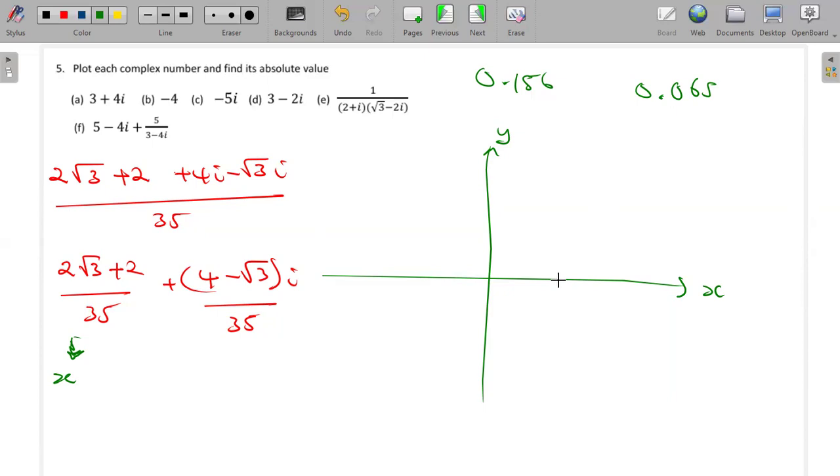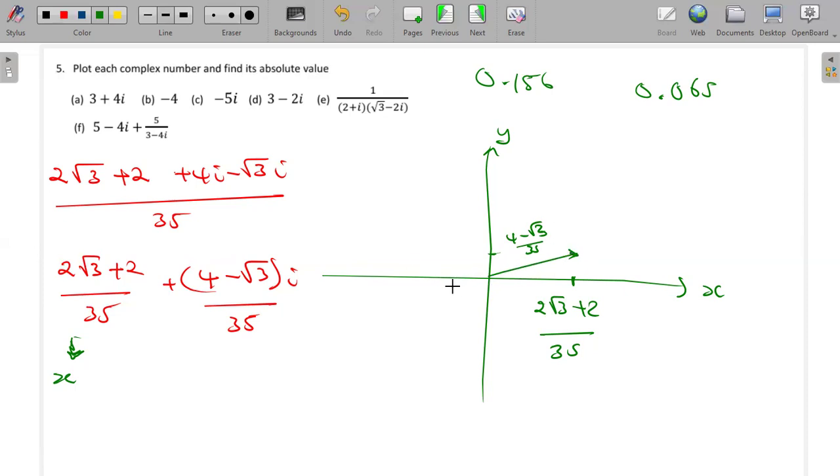So say our x will be somewhere here. So that is going to be our 2 root 3 plus 2 over 35. Then on the other side, this one is smaller, so you expect it somewhere here, and that is our 4 minus root 3 over 35. Okay, so this part is where the point is. You write the line up to there, and that is your complex number.